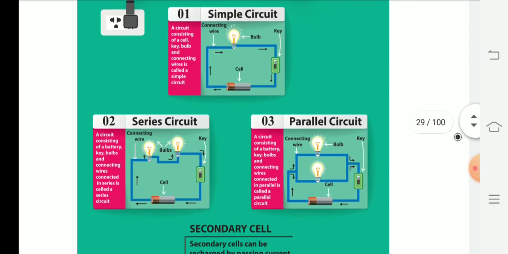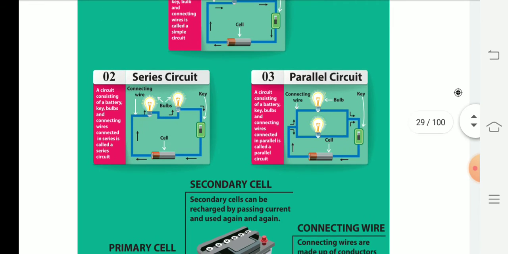The second one, a circuit consisting of a battery, key, bulb and connecting wires connected in series is called a series circuit. The third one, a circuit consisting of a battery, key, bulbs and connecting wires connected in parallel is called a parallel circuit. They explain the three types of circuit with the diagrams.